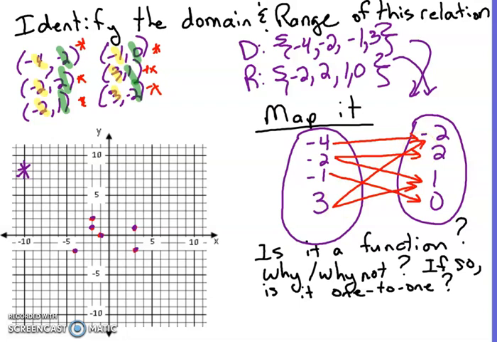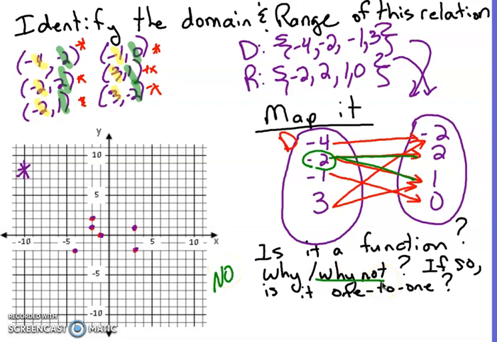All right, so is it a function? Well, remember, a function means when I put a number into the domain, did I only get one number out? And you can see that it's definitely not, like when I put -2 in, notice it goes to 2 different numbers. So no, it's not a function. And you could say, why not?